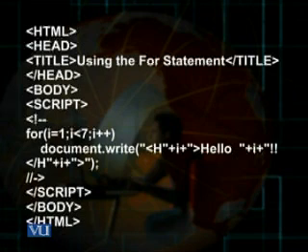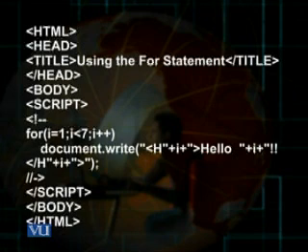Then the condition would be checked since 2 is less than 7. So again document.write would be executed and the word hello2 would be shown in a level 2 heading. After that again there would be I++, that is, the value of I would become now 3.